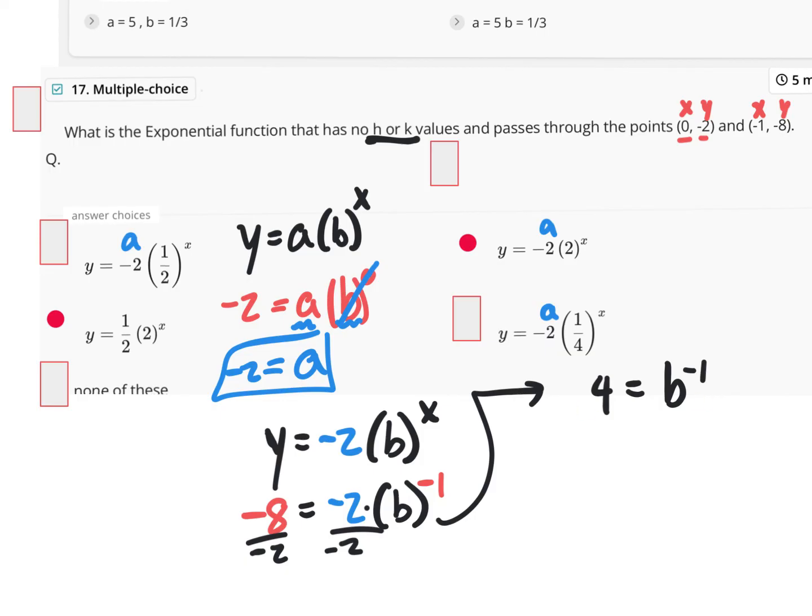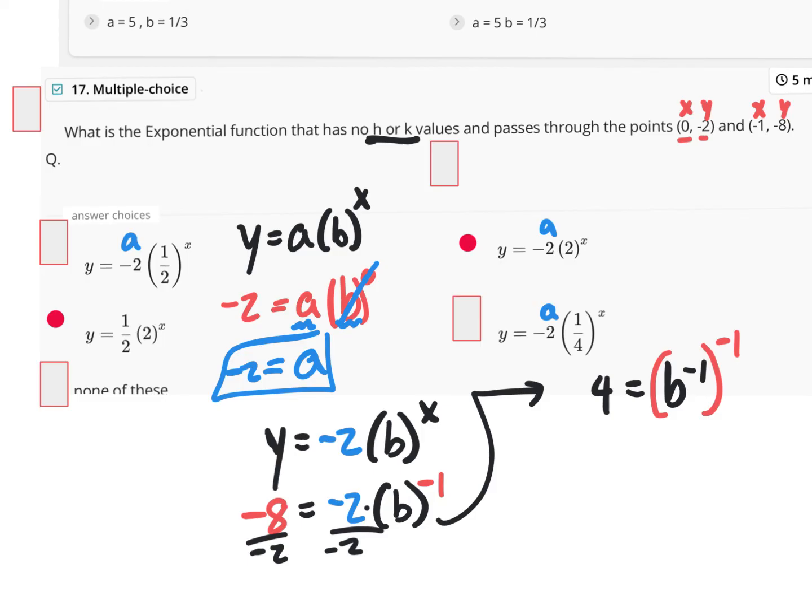Maybe you prefer this route instead of the other route. Right here, what I want to do is think, how could I make this a +1 instead of a -1? Well, I could just take the entire right side and make it to the power of -1. Why is that? Because a power to a power, you multiply, right?